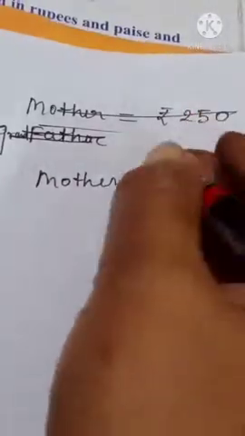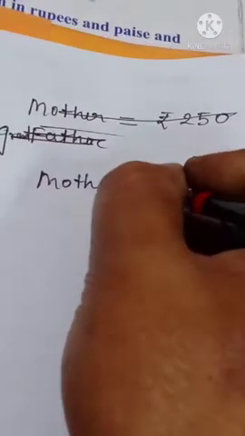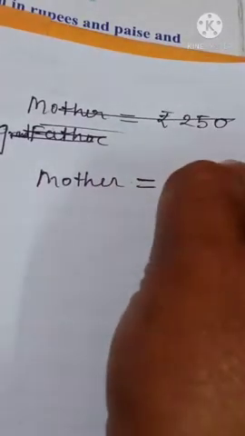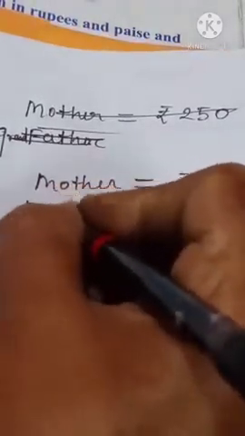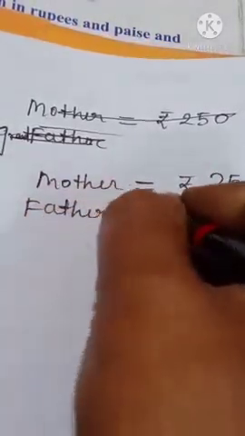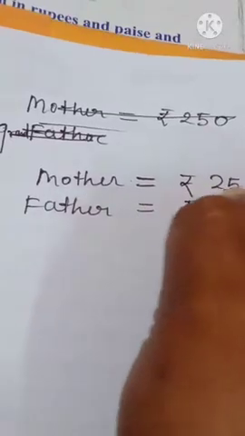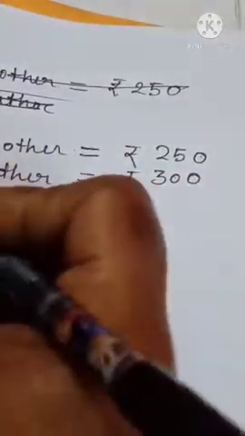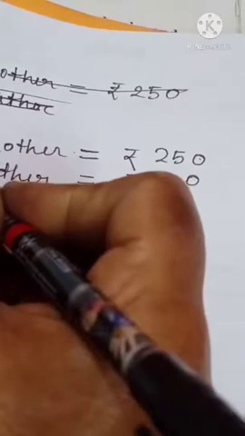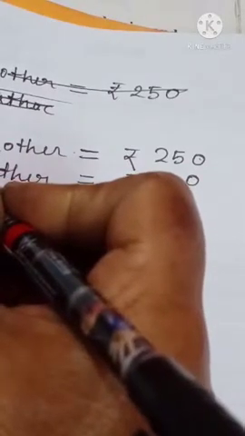Mother has given how much, beta? Mother has given her, mother is equal to rupees 250. Father, previously I was doing correct. Father has given her rupees 300. Okay, father has given her rupees 300, and grandmother 500.